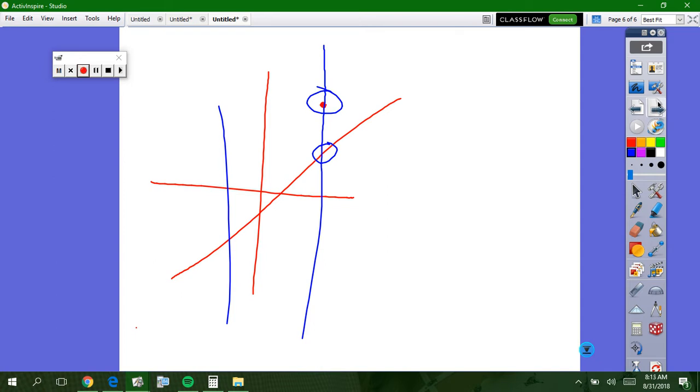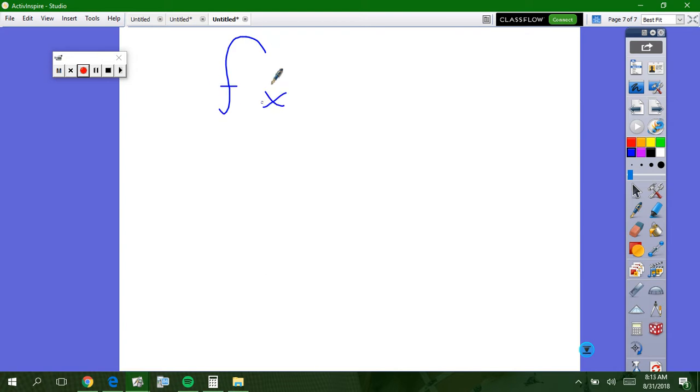So we also have function notation. X squared minus 6x, which is still 2x. Okay? If I asked you guys to graph this, how would I do so?